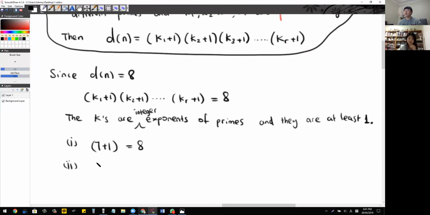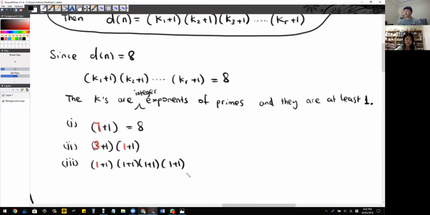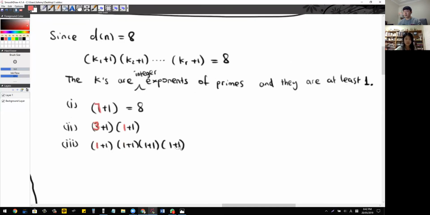So maybe 3 plus 1 and then 1 plus 1. 3 plus 1, 1 plus 1. So that one there, that one there, right? Is there any other case? You can do 1 plus 1 times 1 plus 1 times 1 plus 1. Wait, no, only 3 of them, right? Only 3 of them, that's right.